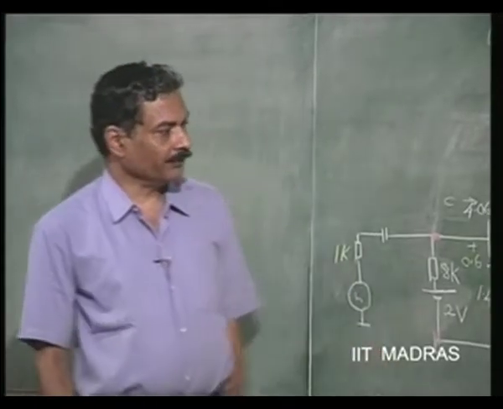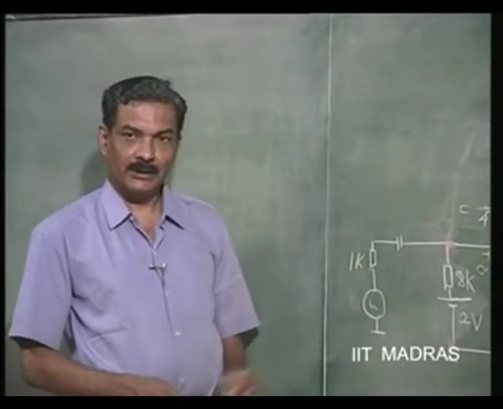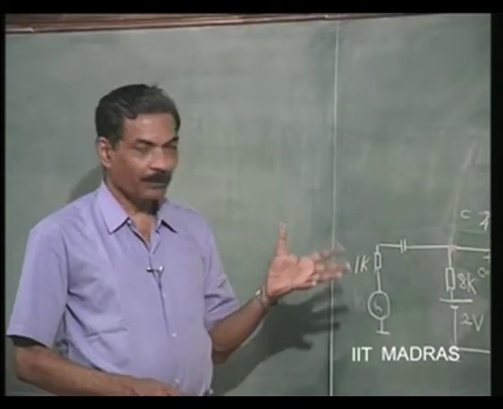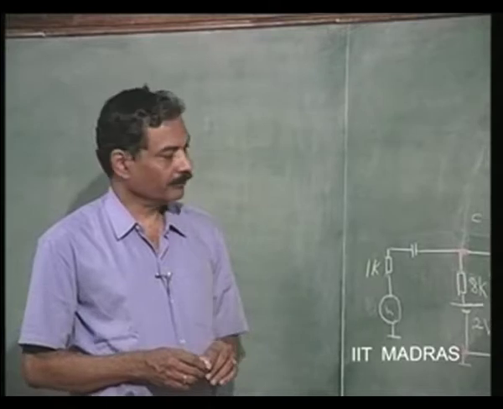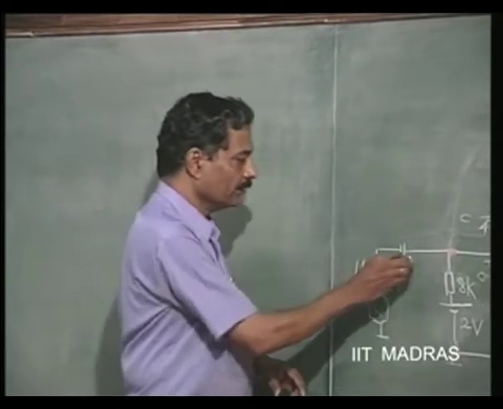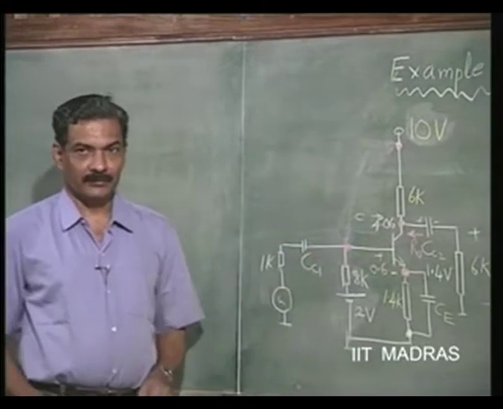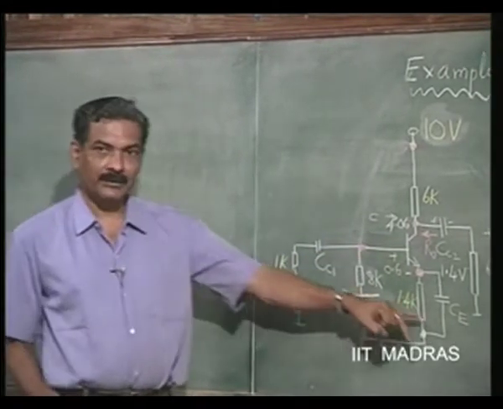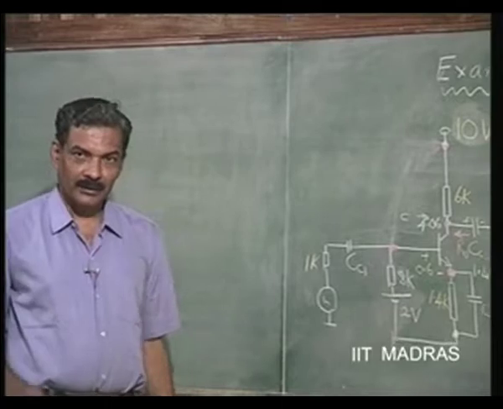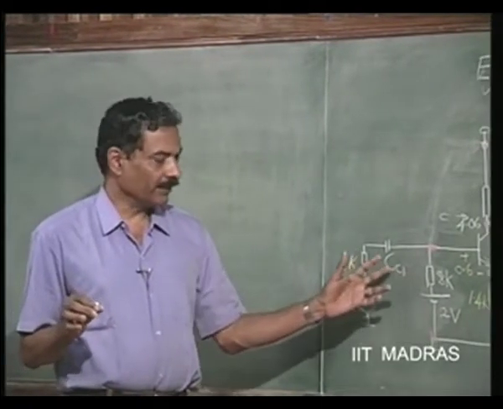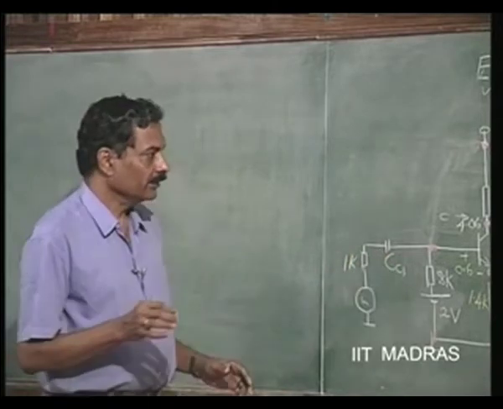Now I would like to further add certain questions to this example, so that the complete design is understood by us. First of all, the CC1 and CC2 and CE. Let us now exactly determine how to evaluate the value of CC1, CC2, CE.